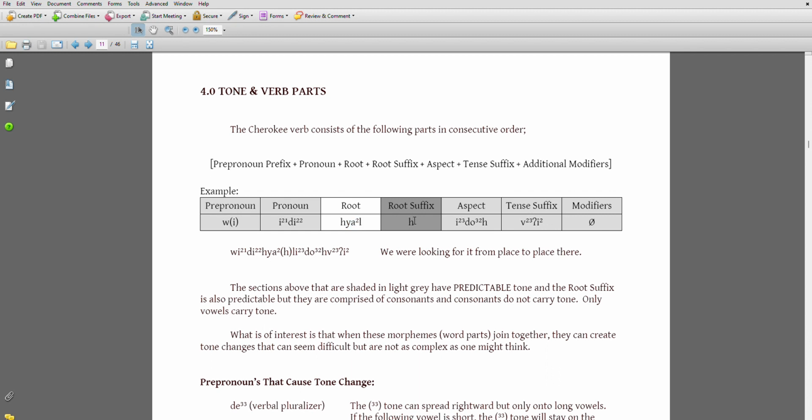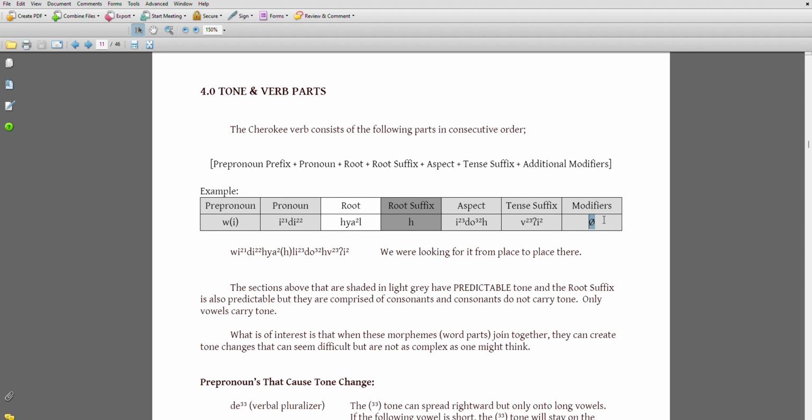Then our root suffix is H, but you can't see it in the word because all H is fused to the left. And then our aspect, ito, and that means to go about from place to place. Tense suffix, which is the past tense.